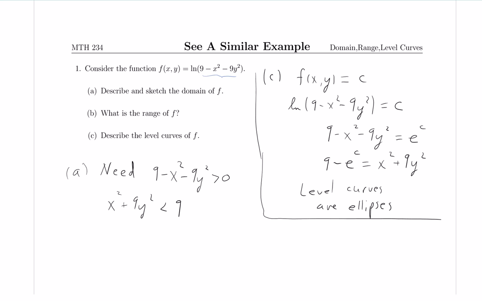But it's less than. So let's think about that. First, let's divide everything by 9 to make it more like the standard form of an ellipse equation. So we get x squared over 9, which I'll write as (x over 3) squared, plus y squared is less than 1.